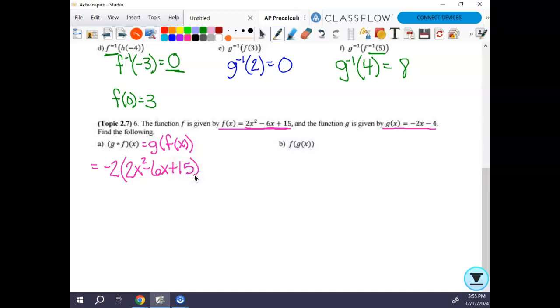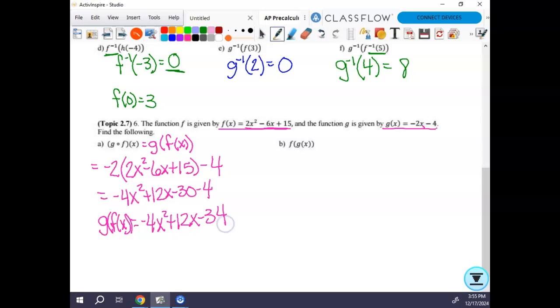Okay, so that was just this x part. I can't forget about the minus 4. Then I distribute my -2. It's going to give me -4x squared plus 12x minus 30 minus 4. So g of f of x equals -4x squared plus 12x minus 34.